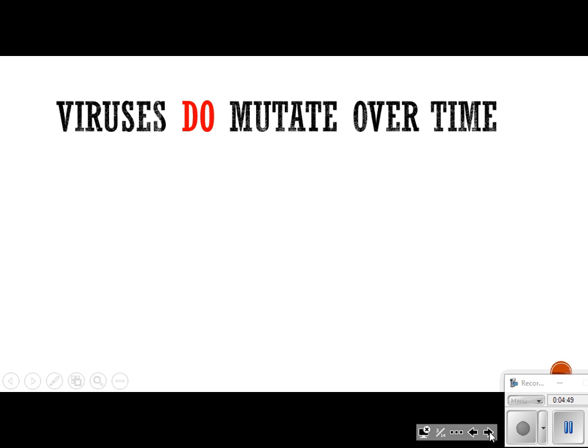Viruses, however, do mutate. Viruses do mutate. Now, we talked about different types of mutations earlier on. Well, viruses have genetic material.